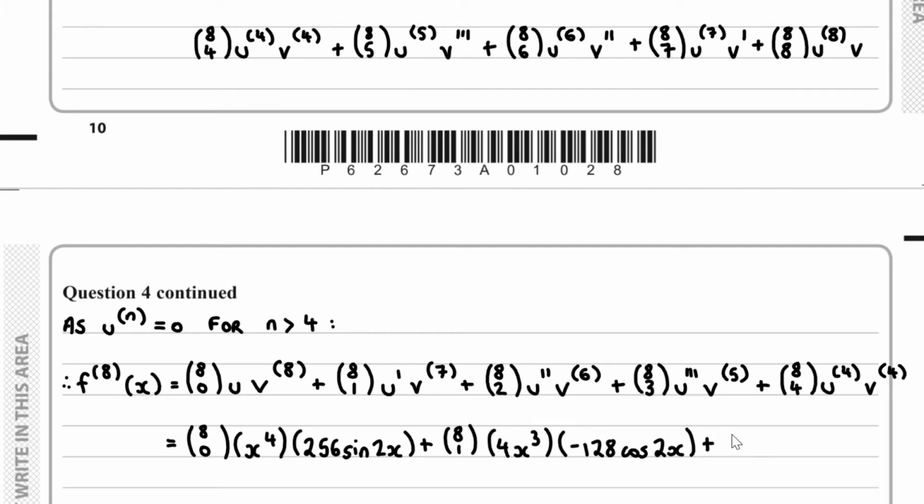And then we have 8 choose 2 times the second derivative of u, which is 12x squared, times the 6th derivative of v, which is minus 64 sine 2x.